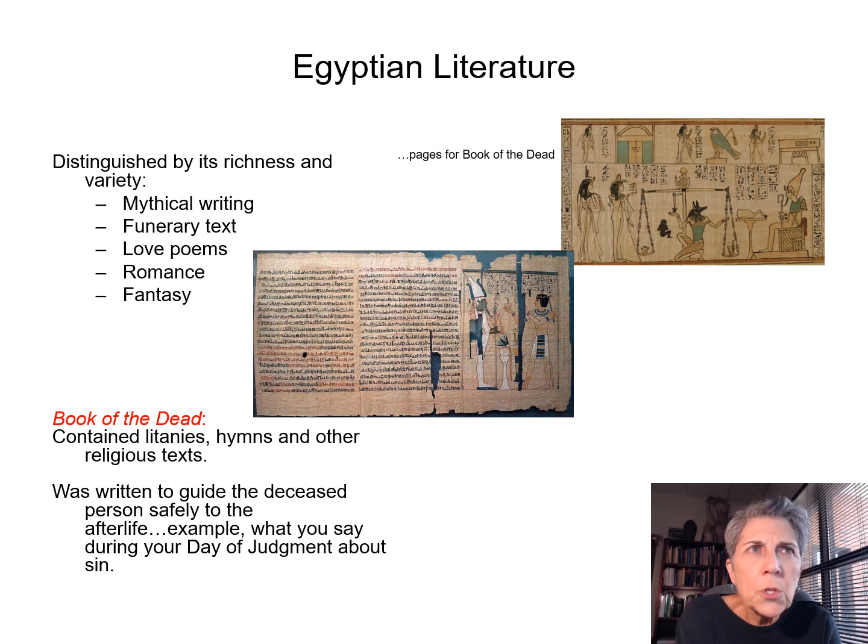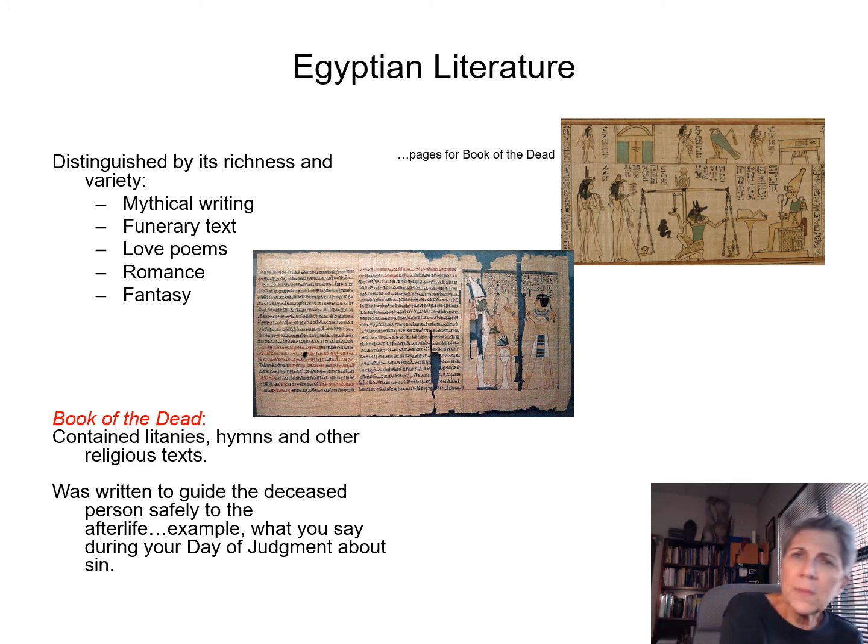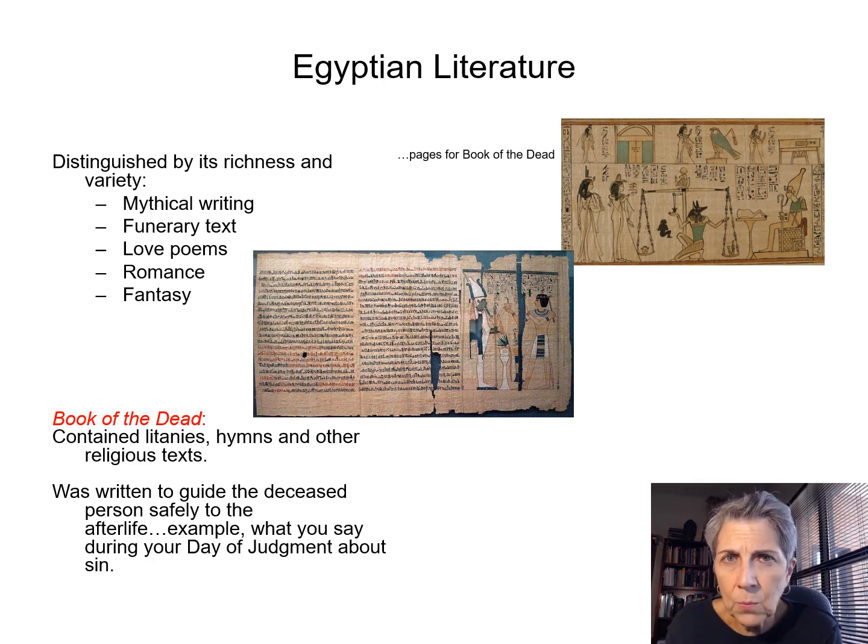In Egyptian literature, you have wonderful love poems that are in your book if you want to read them. Funerary text. The Book of the Dead is actually funerary text, and you would actually pay someone to write this for you. And these are the hymns that guide you when you have passed and your soul is weighed, and that's that picture at the top there.